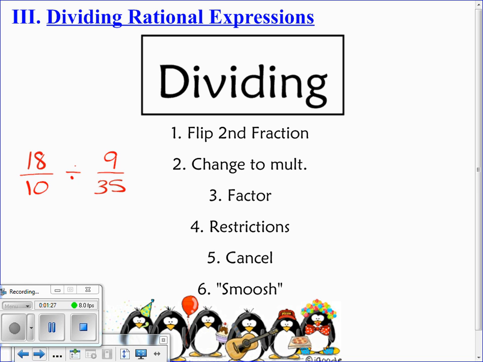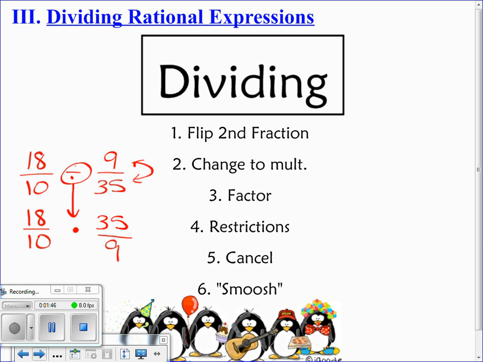That should sound familiar. You keep the first one, 18 over 10. The division sign will flip to multiply, and then the fraction right after the division sign flips over. It's 35 over 9, and now it's just like what we did yesterday. Now it's a multiplication problem.